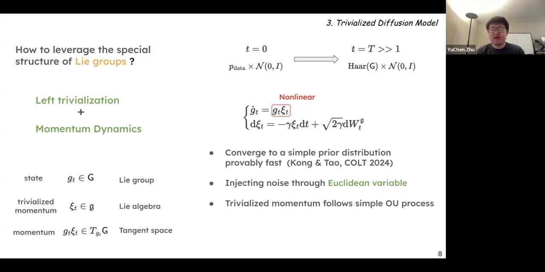Therefore, it's easily sampleable if you're using some tricks from random linear algebra, and this is a known result. What's amazing about this dynamics is also that we're only injecting noise through the Euclidean variable through this simple OU process. And this actually has a lot of amazing benefits.